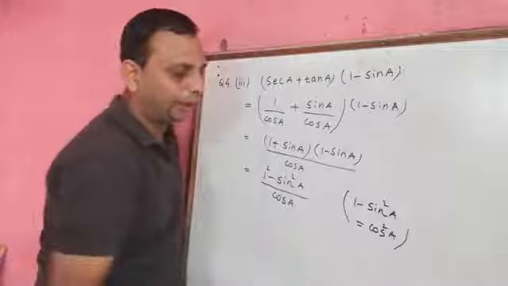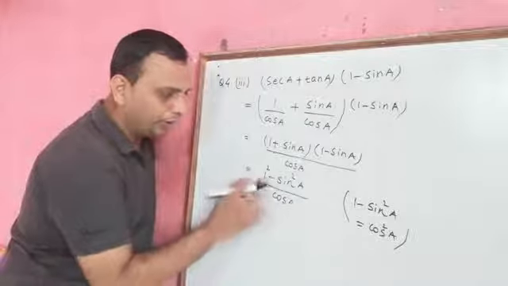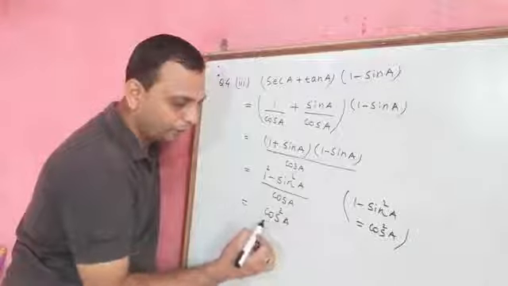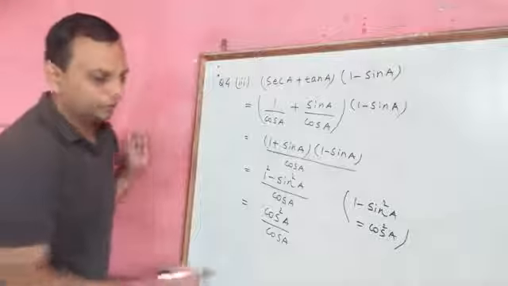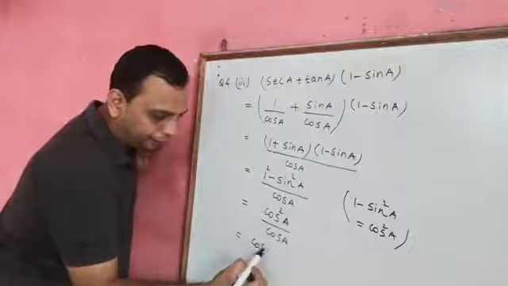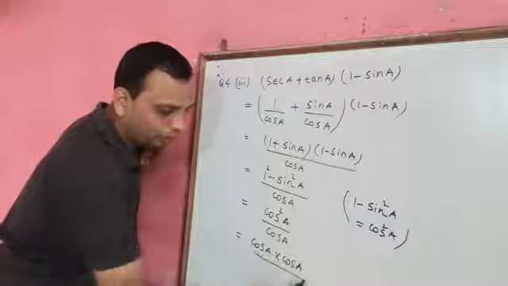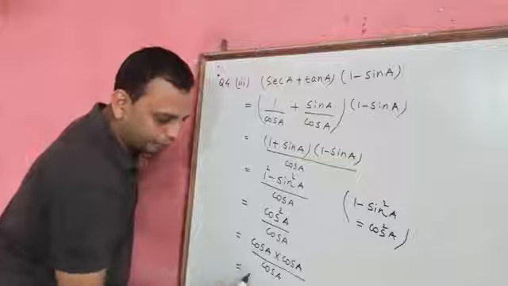This is using the identity first. So 1 square will be the 1. So 1 minus sin square is equal to cos square A upon cos A. Now this cos square A we can write it 2 times cos A into cos A upon cos A. Cos A cancel.